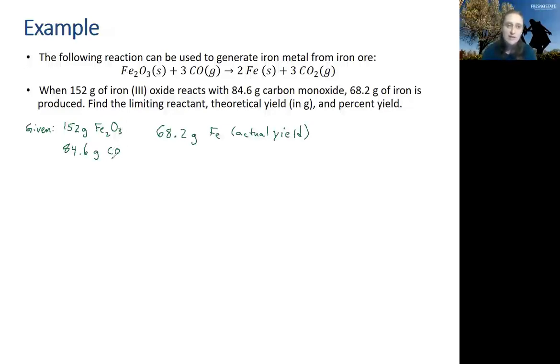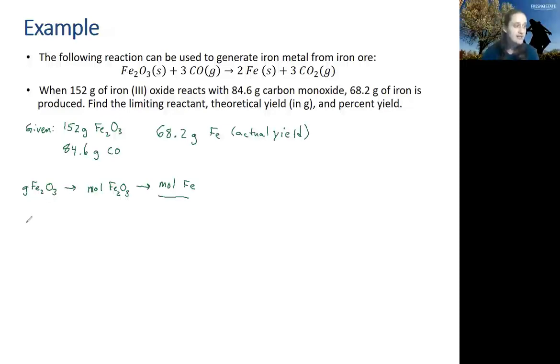So to find the limiting reactant, we need to know how much product we can form. I'm going to start off with my grams of iron oxide, and I need to convert that into moles of iron oxide, from which I can determine how many moles of iron are produced. And at this point, I would be able to compare with what's produced using carbon monoxide.